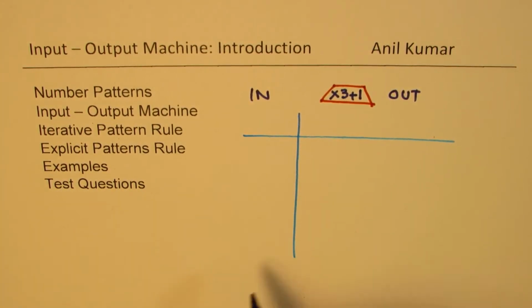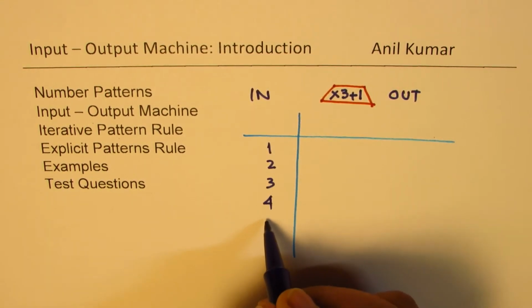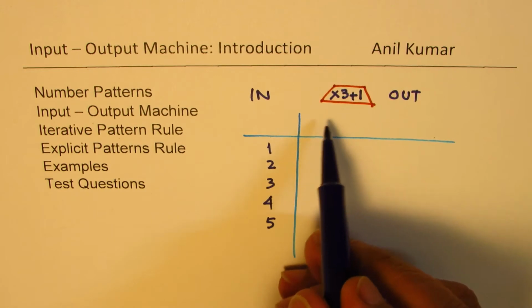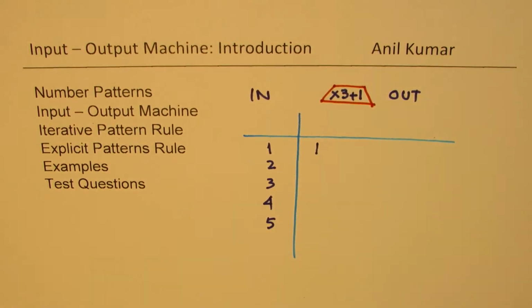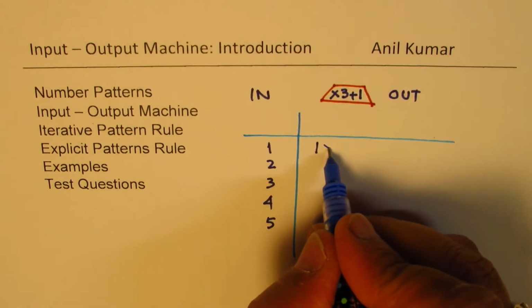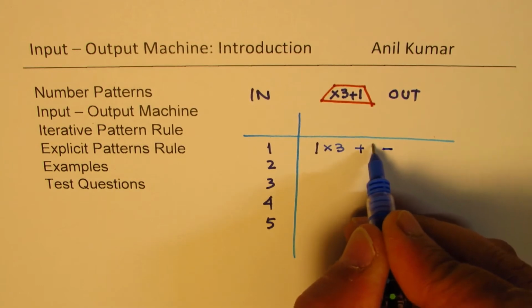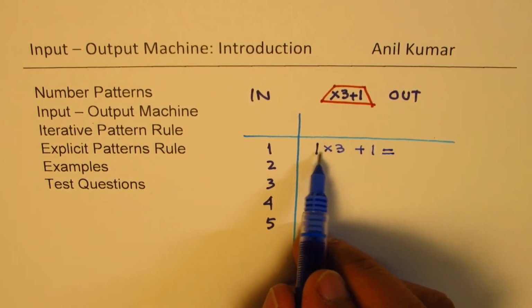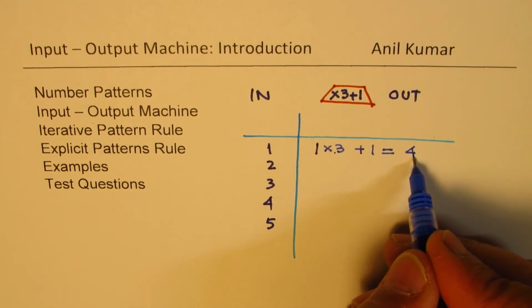We'll write down different inputs, say 1, 2, 3, 4 and 5, and then calculate what happens. If the number 1 comes in, it gets multiplied by 3 and then we add 1. 1 times 3 is 3, 3 plus 1 is 4. So the output is 4.